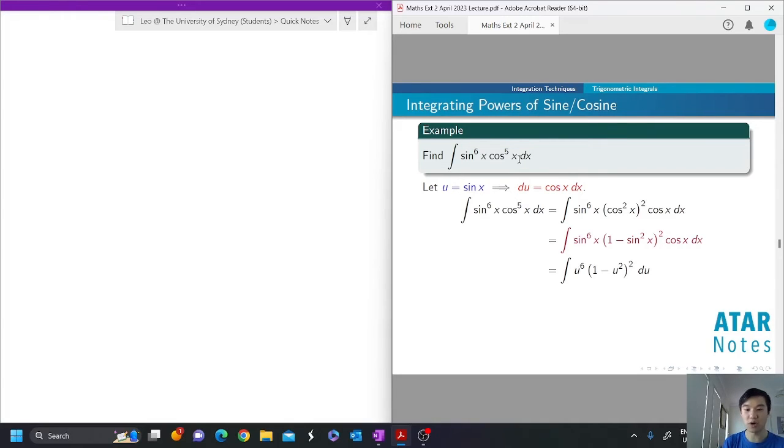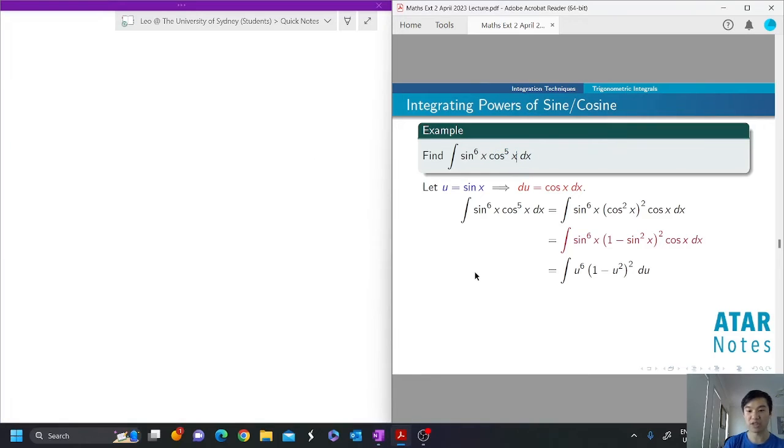Let's say we have the integral of sine to the power 6, cosine to the power 5, x. So sine x to the power 6 times cos x to the power of 5. In this case, notice how the cos x is the one with the odd power.